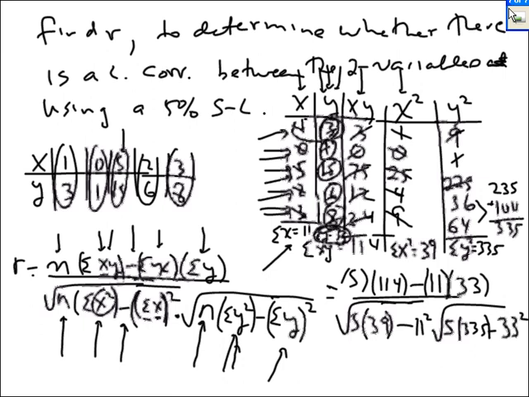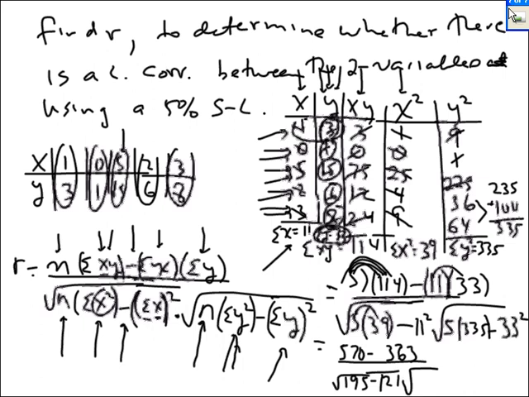Basically, you crank this out on your calculator. 5 times 114 is 5 times 100 is 500, plus 50 is 550, plus 20 is 570, minus 33 times 11, I guess, is 363. 363 divided by the square root of, that's 195. 195 minus 11 squared is 121, times the square root of 1500 plus 150 is 1650, plus 25 is 1675.